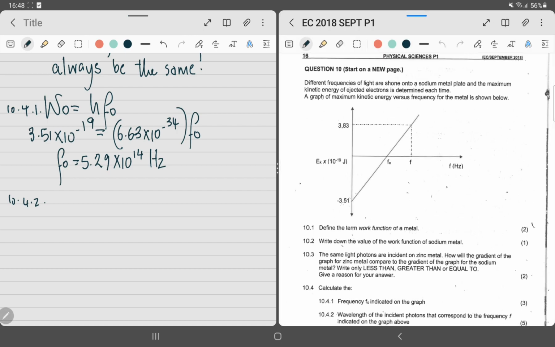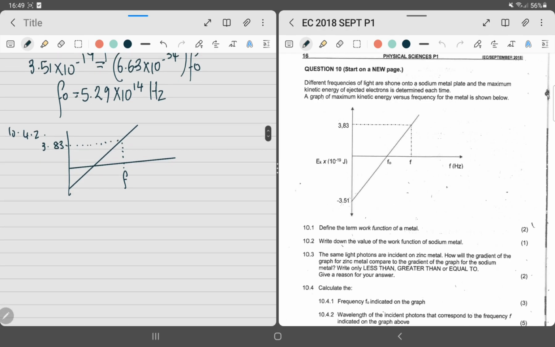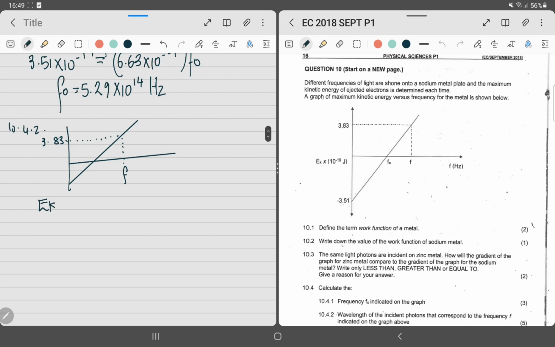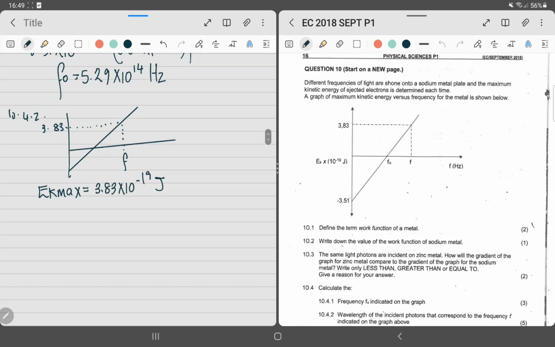So when we look at f there, we have a graph that looks like this, and f there corresponds to an EK max of 3.83. So the EK max should be equal to 3.83 times 10 to the exponent of negative 19 joules.